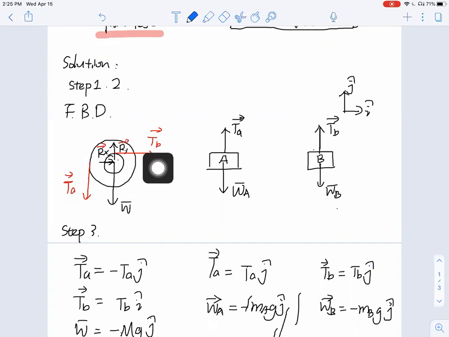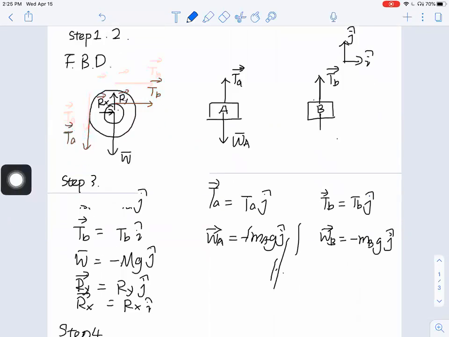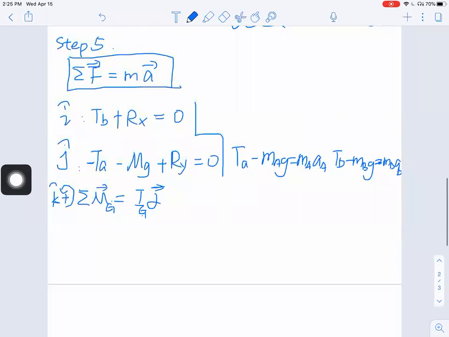TA causes a movement about O that is clockwise, and TB would cause a movement about O that is counterclockwise. And the distances from TA and TB to O would be capital R and little r, respectively.